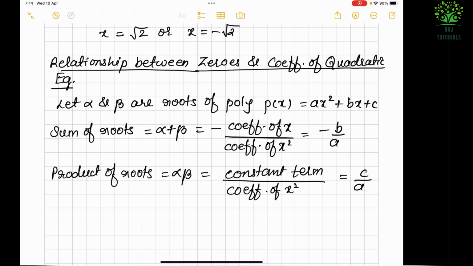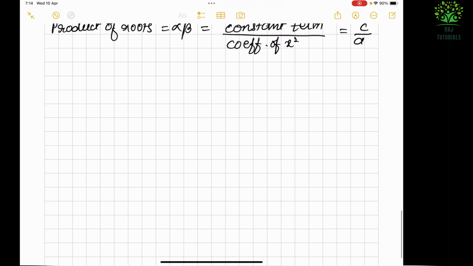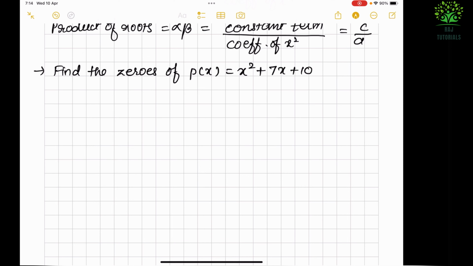Now let us do one example with the same and understand it. Let me take one example. Find the zeros of the polynomial p of x equal to x square plus 7x plus 10 and verify the relation between the zeros and coefficients.